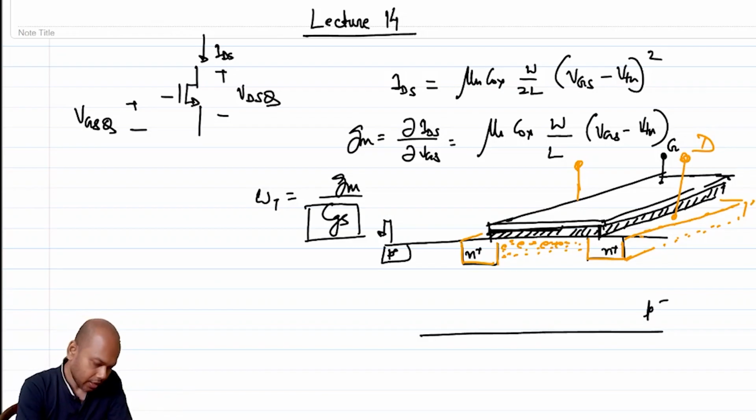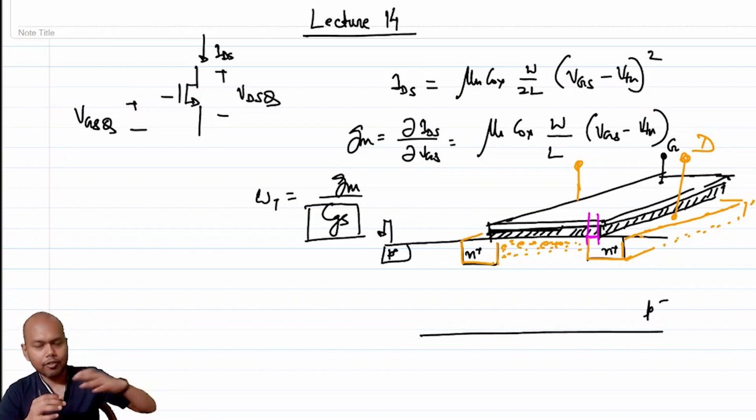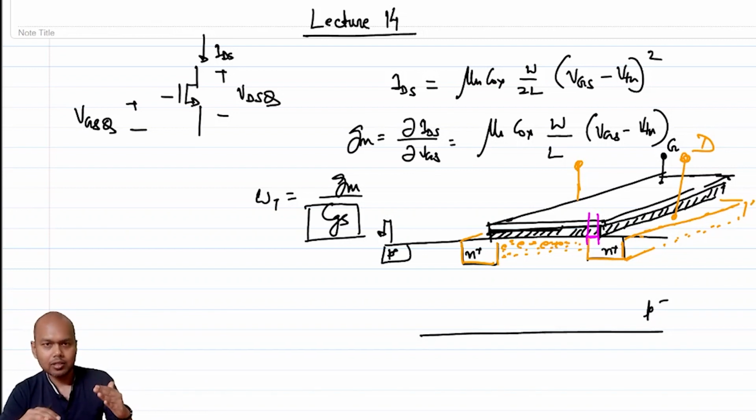If I concentrate only on this part of the cross section, where there is a slight amount of overlap of the gate and the drain, on the gate side you have polysilicon or metal, and N plus is also conductive.